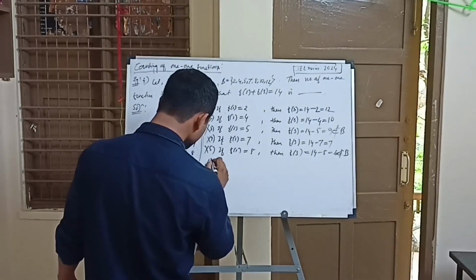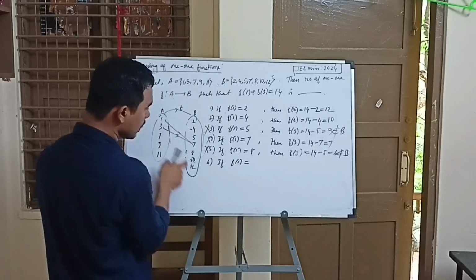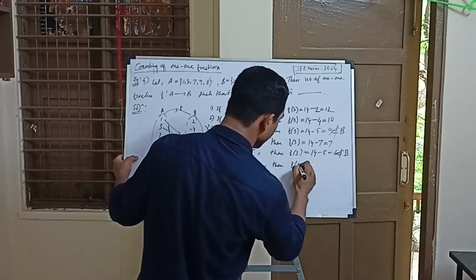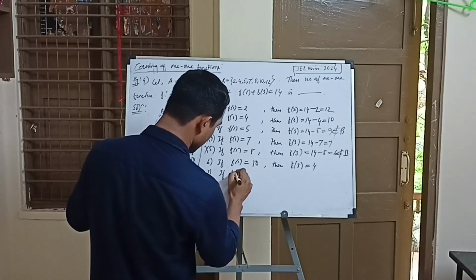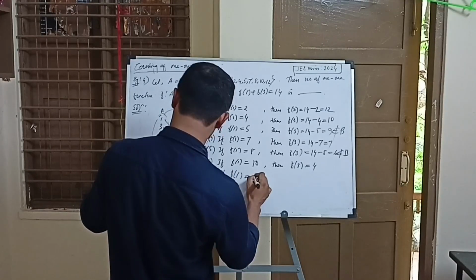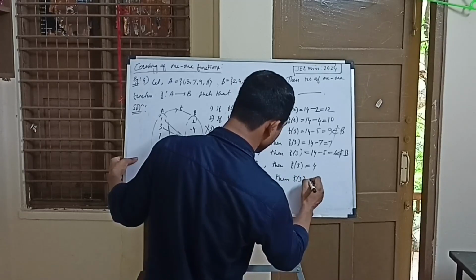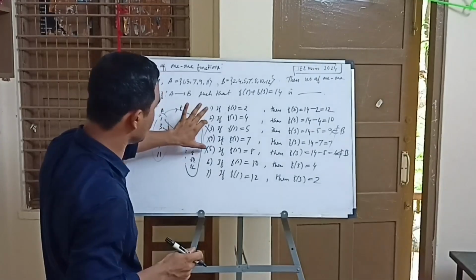Case 6, if f of 1 is 10, then f of 3 will be 4. If f of 1 is 12, then f of 3 will be 2. Correct? These 4 cases cannot happen.